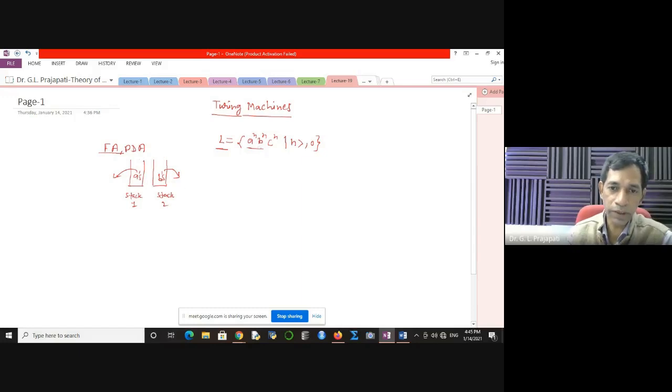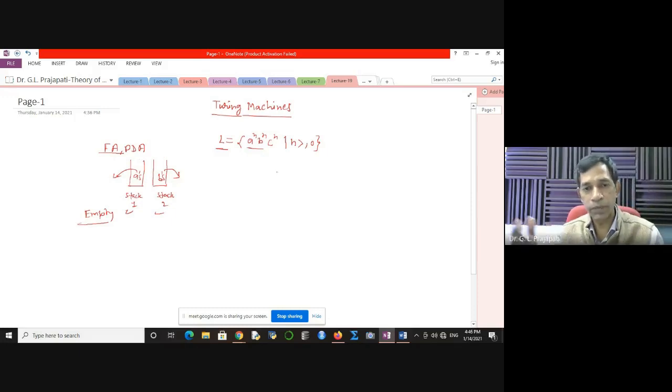Once you go for the next C, again you delete one A from stack 1 and one B from stack 2. Whenever you have read the C's completely and you see that stack 1 and stack 2 both become empty, then you can say that we have the same number of A, same number of B, and same number of C, and you can match. So instead of using only one stack, you have to use two stacks here.